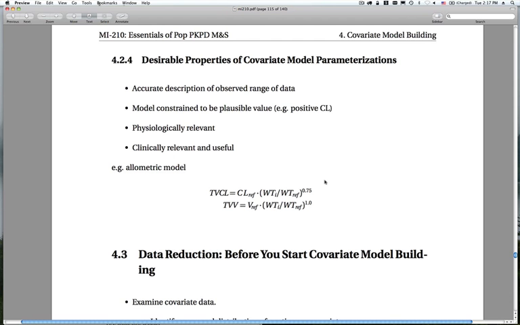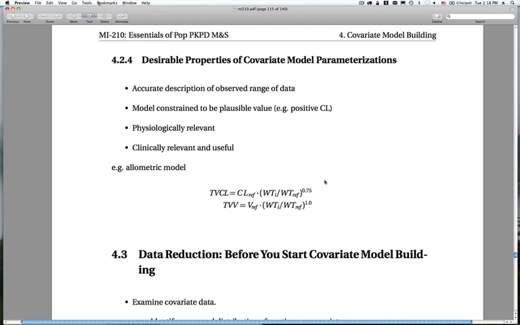Another issue with respect to covariate model parameterizations is that the relationship should be meaningful and should at least be accurate. So we want to look at how well it describes the range of the observed data. And you could look at diagnostic plots across the range of the covariate, for example. Is the model constrained to plausible values? So can you easily constrain clearance to be positive?